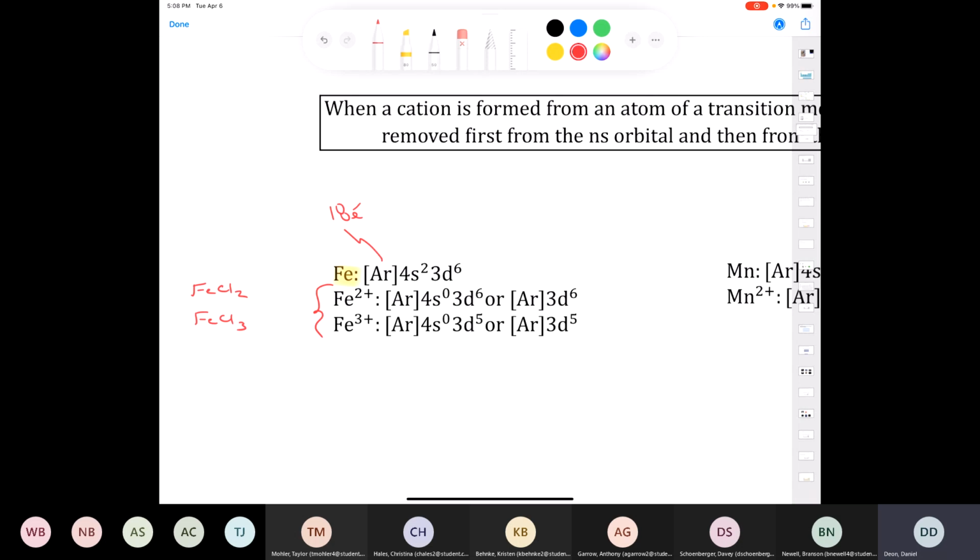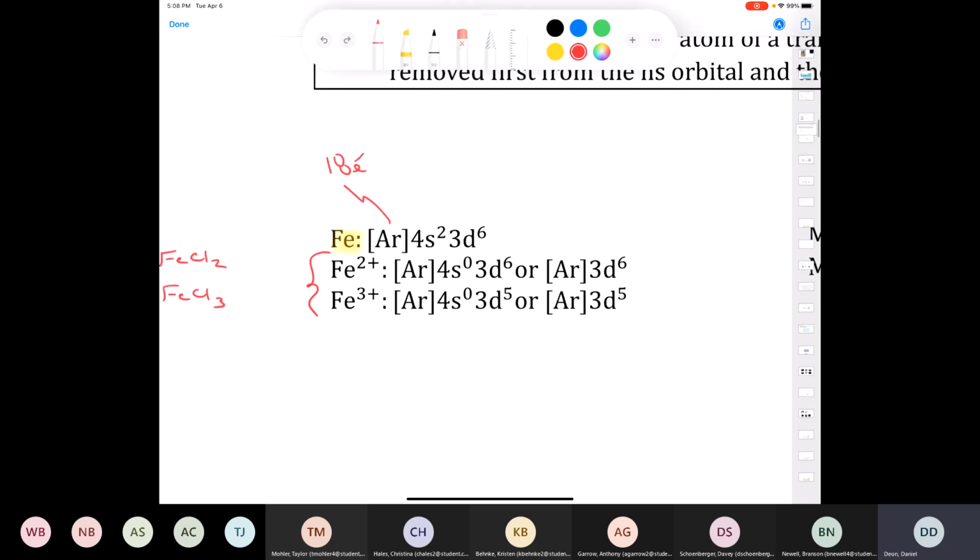Anyhow, when we remove electrons to make these cations, it might be a knee-jerk reaction to say, well, when I was building the electron configuration of iron and I followed the periodic table, the 4s2 electrons went in first, and then the 3d6 electrons went in second. So you might think, well, if I need to remove 2 electrons to make a 2 plus cation, I'll just take them from here.